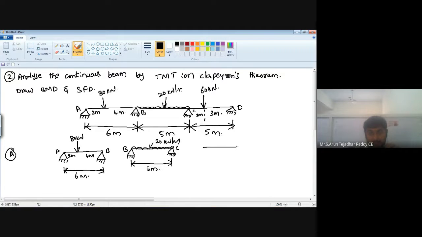Next, the last one is C to D. It is carrying an eccentric point load of 60 kilonewton, 2 meter, 3 meter, and the span of CD is 5 meter.